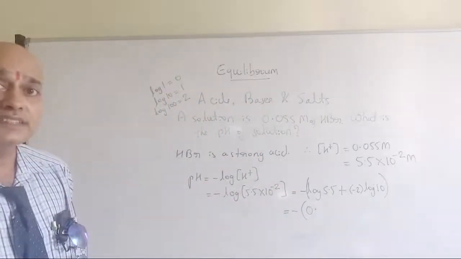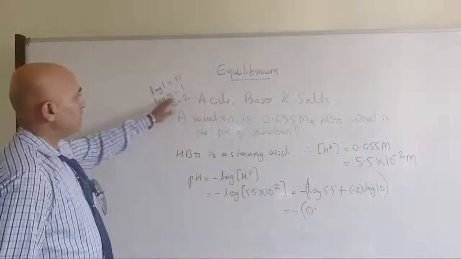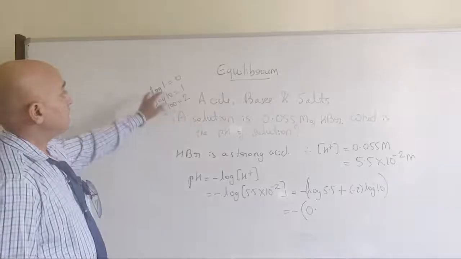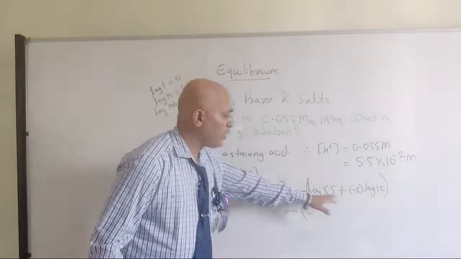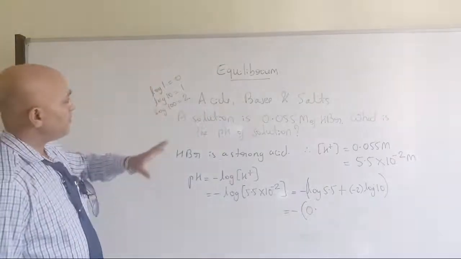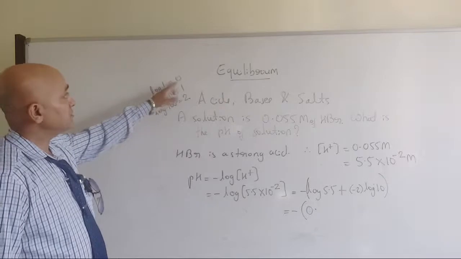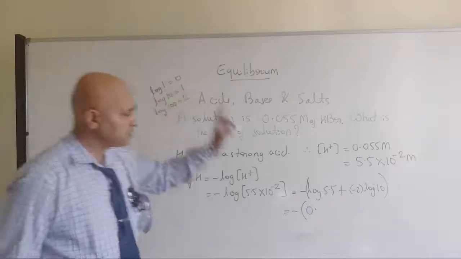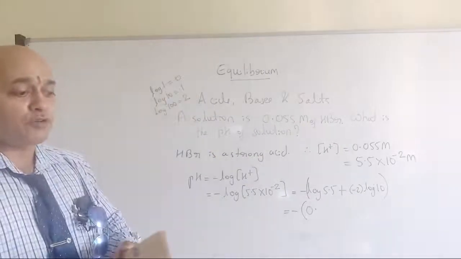It's common sense: log of 10 is 1, log of 1 is 0, and 5.5 is present between 1 and 10, so its log is between 0 and 1. That means it should be in decimals. So 0 point. Now I have to go to the log book.